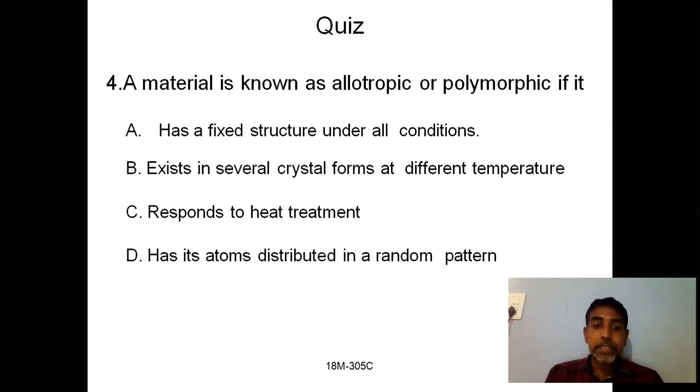If this polymorphic transformation is possible in the reverse direction, then we can call it allotropic. So in the broad sense, allotropic and polymorphic are similar, right? So what is the answer here? Exist in several crystal forms at different temperatures.